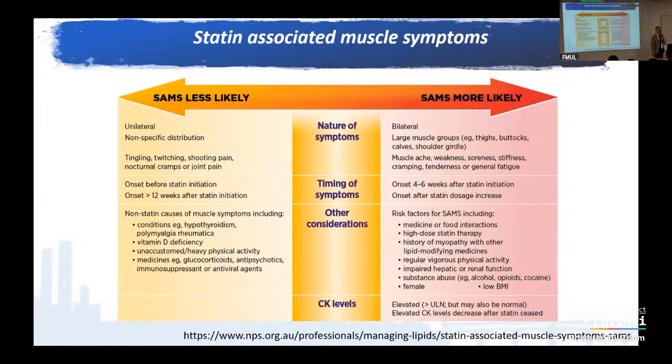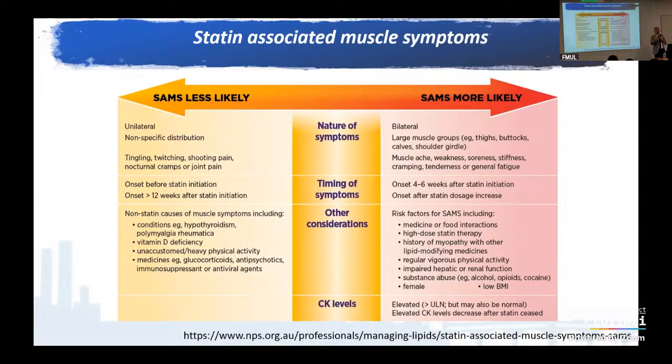Remember, it's very common that we could have a statin-related problem if the problem is bilateral and not unilateral, if it's involving large muscle groups, and if it's associated with pain.